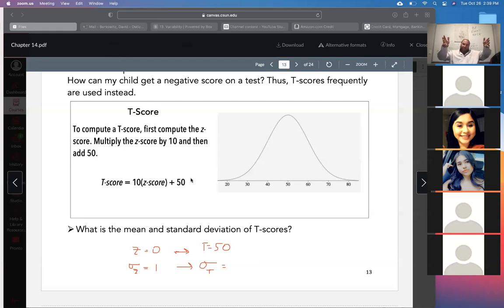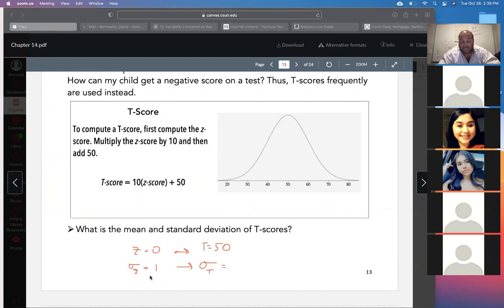If you add 50 to your data points, essentially all you do is shift the data points to the right by 50. But the shape doesn't change. It's just as spread out as it was before. It just moves to the right by 50. So adding 50 does nothing to your standard deviation. However, multiplying it by 10 spreads it out 10 times as much.